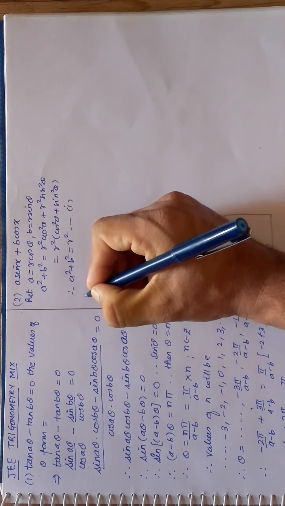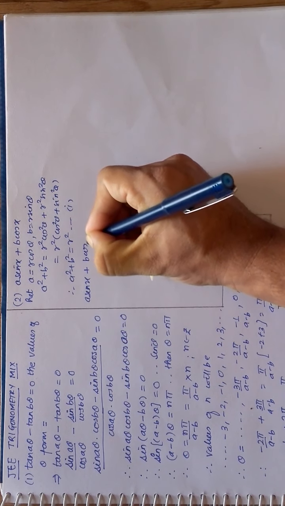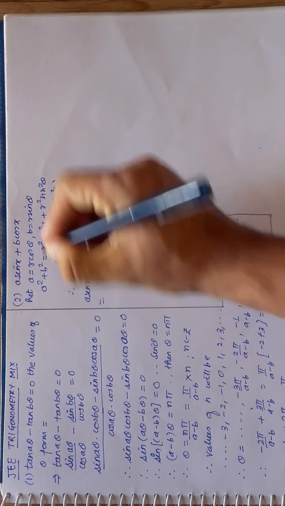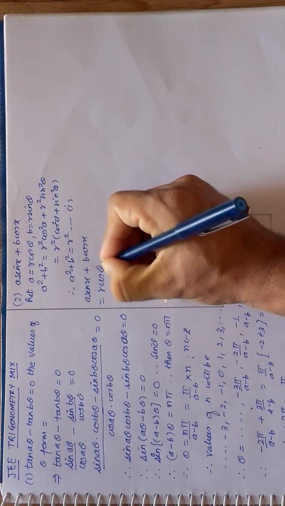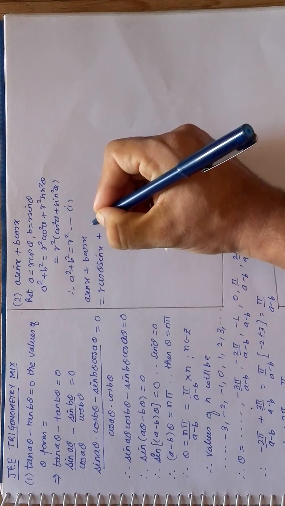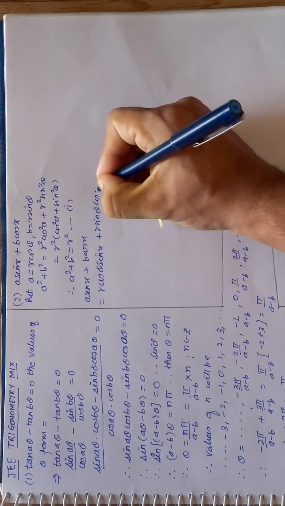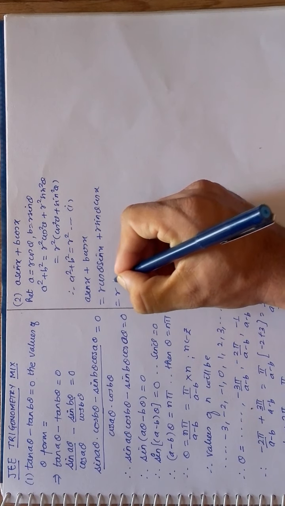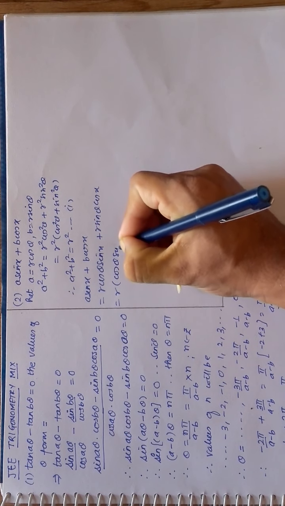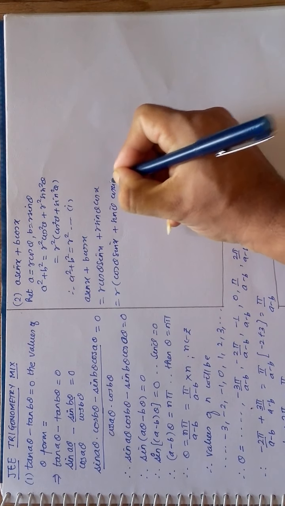So this expression, which is A sin x plus B cos x, will now become A sin x as r cos theta sin x plus B as r sin theta cos x, in which r I get common: cos theta sin x plus sin theta cos x.